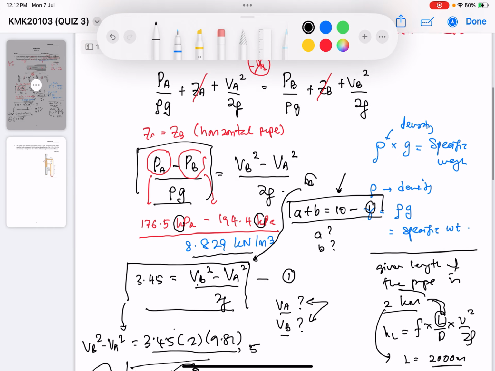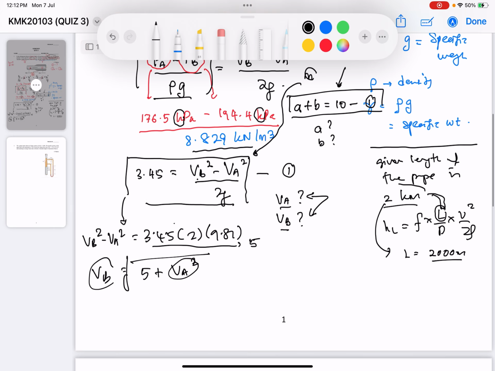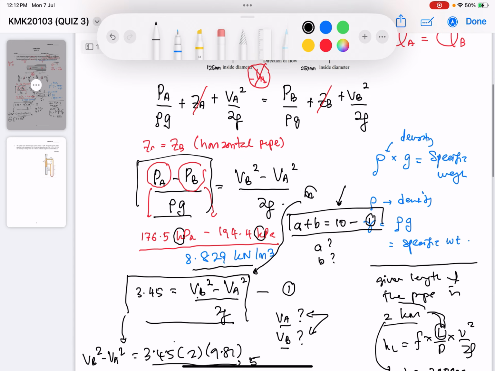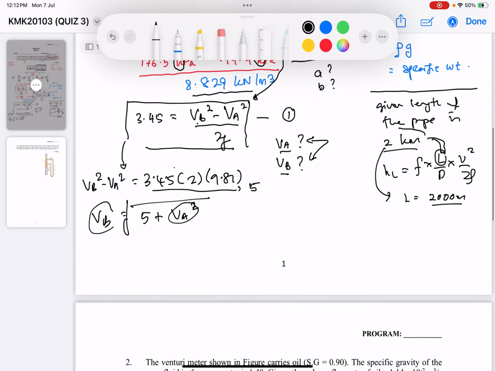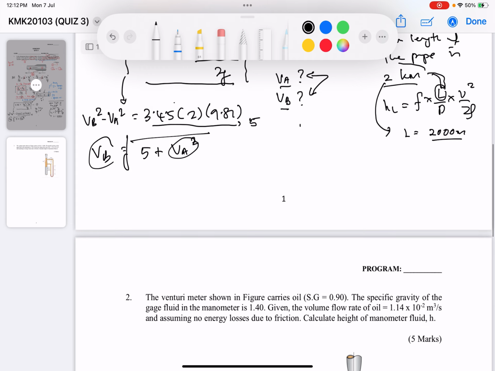Obviously, because the fluid is moving, in addition to the Bernoulli's equation, we can also apply the continuity equation, because the continuity equation is derived from the principle of conservation of mass.